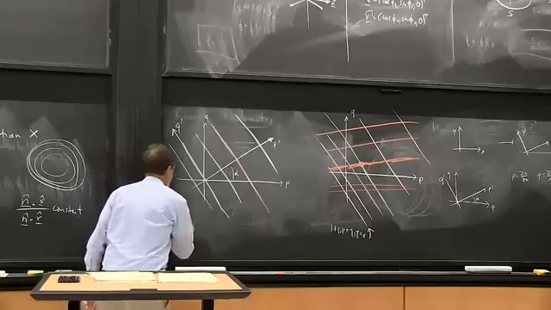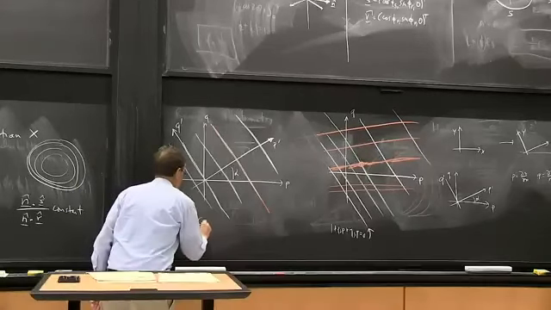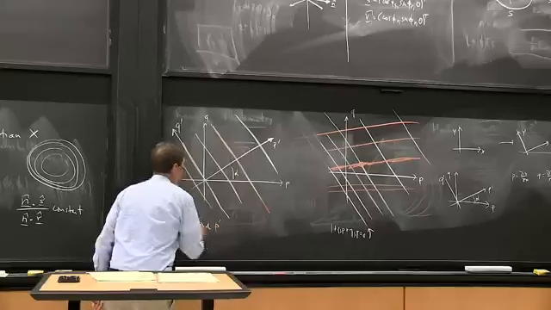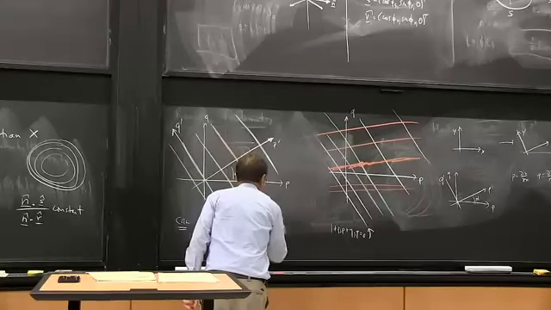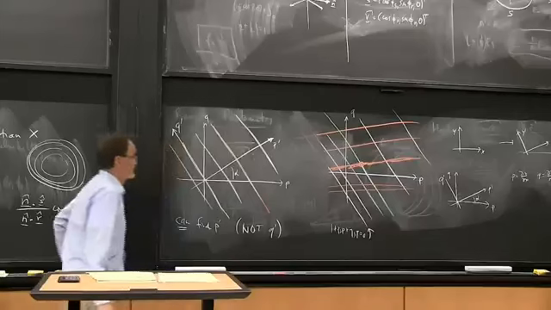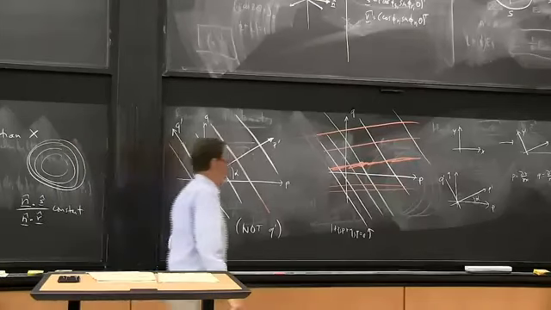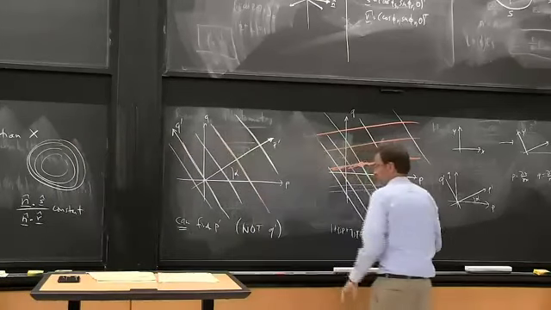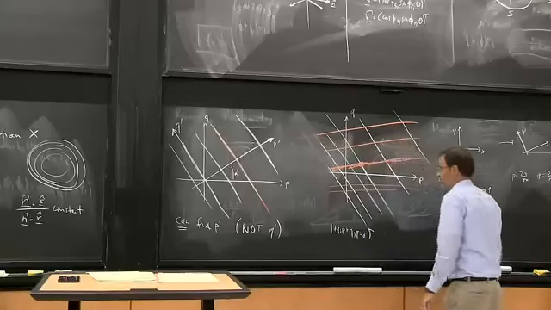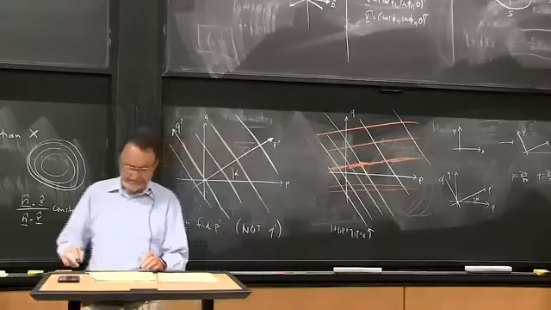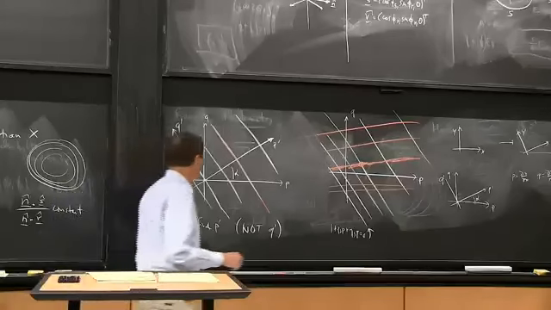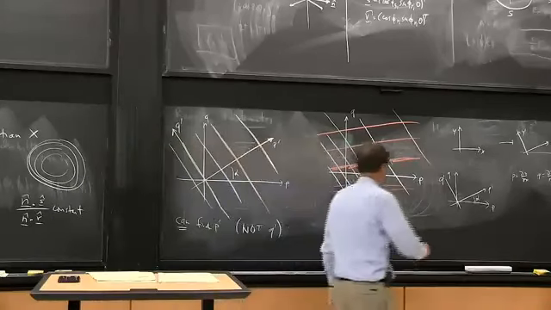So I can find P prime. And then, what is this angle alpha? It's obviously some function of PS and QS.